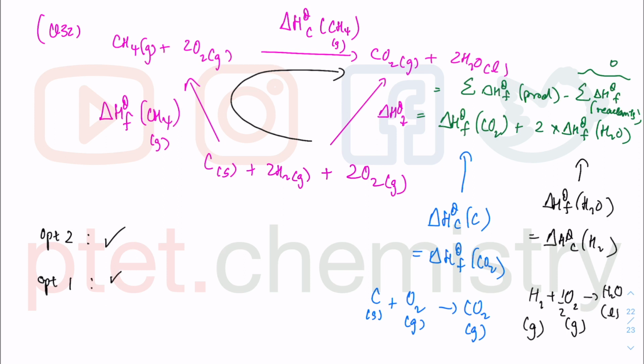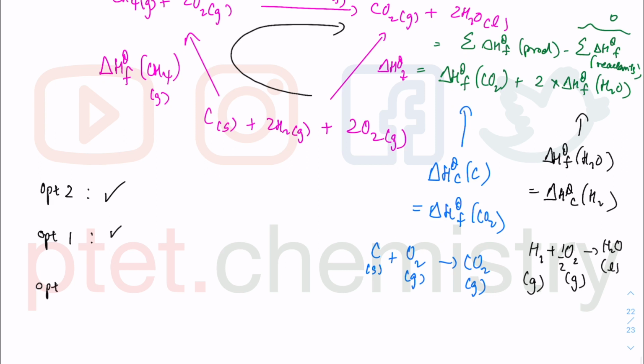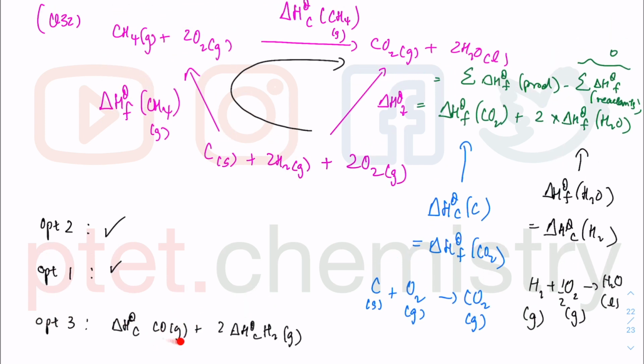All right. But how about option 3? What do we say about option 3? Option 3 says there's enthalpy of combustion of CO. So CO is carbon monoxide, and then it's plus 2 times the combustion of H2 as a gas. So they're saying that when you burn the CO completely, you can get the CO2 as well.